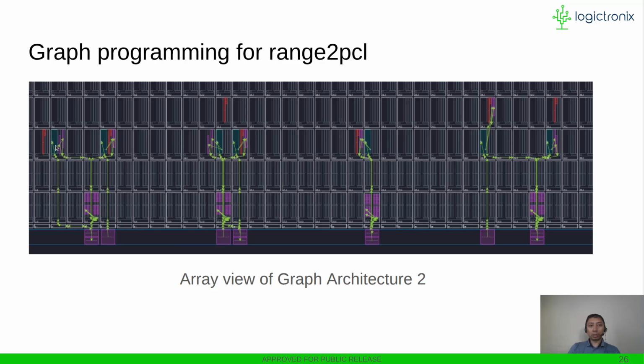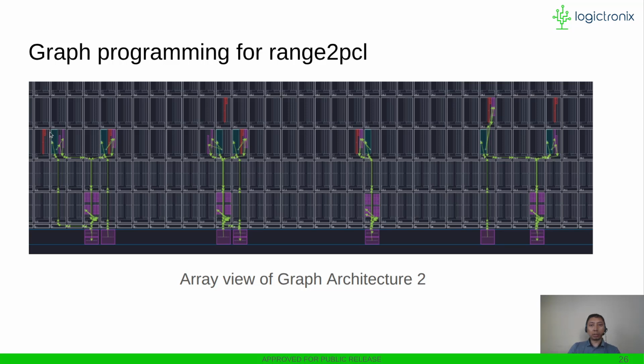Here you can see various locations of the compute tiles and memory tiles. Here the bottom 2 rows are for memory tiles, and the upper ones are for compute tiles. Here you can see the automatic allocation of buffers, memory tiles and AI tiles.